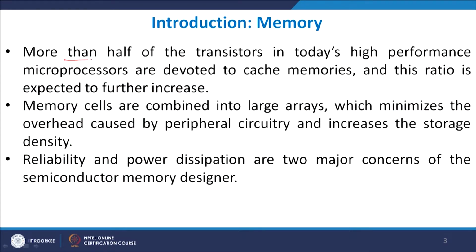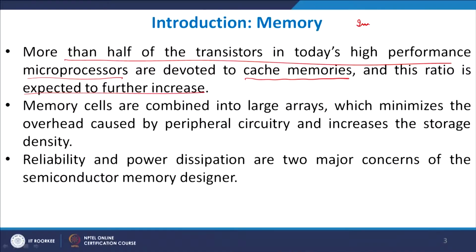More than half of today's transistors in a microprocessor are devoted to cache memories, and this ratio is expected to increase, which means that the cache memory is going to increase. The reason is that the computation is also increasing, and you need to store a larger amount of data. I will give you an example.